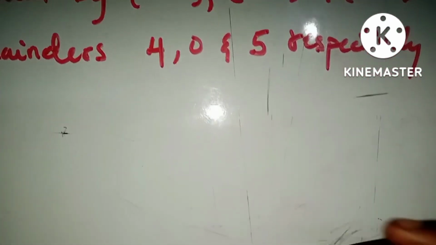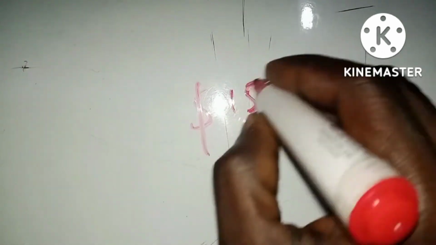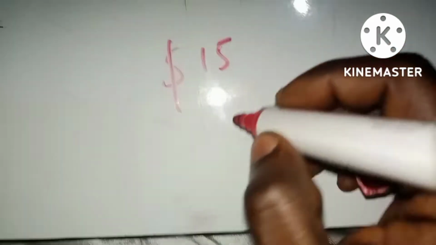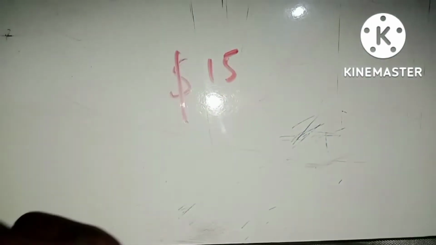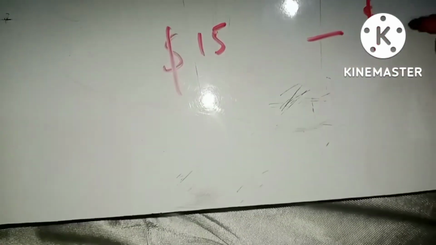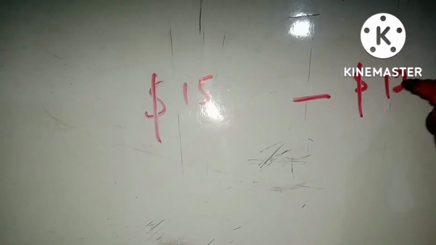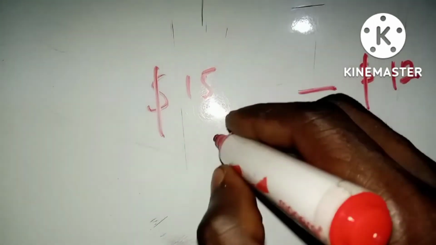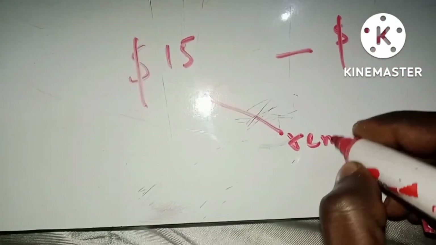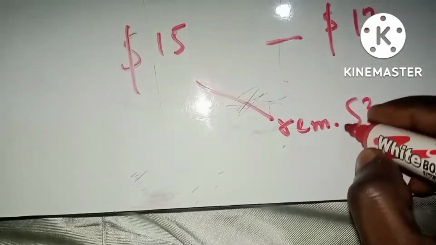But before we proceed, assuming you have, let's say, $15 in your pocket, and then you give out an amount of, let's say, $12. Maybe you give this to someone, or maybe you purchase an item. The remainder here, meaning what remains, is just $3, right?